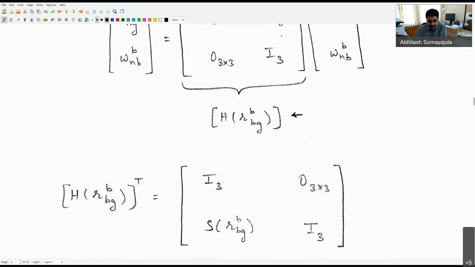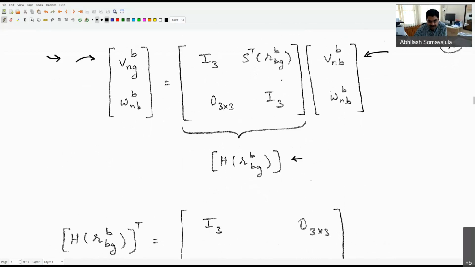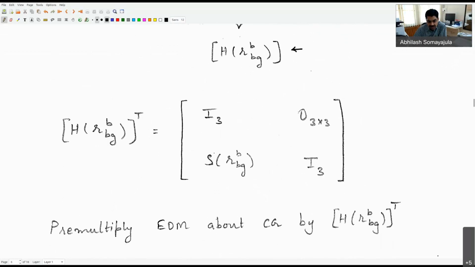Is that making sense? When I take a transpose of this, that skew-symmetric matrix will come down and the transpose will no longer be there. Everybody with me so far?